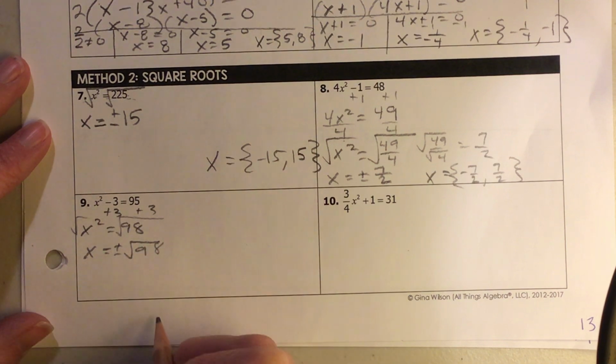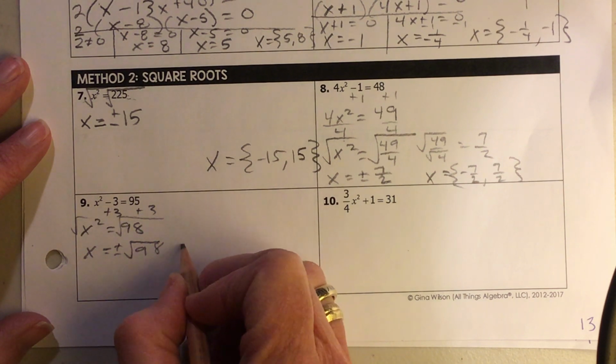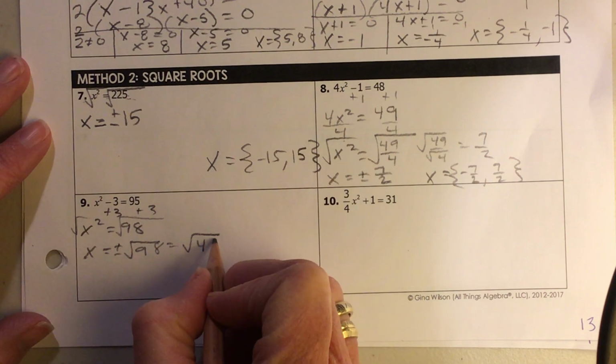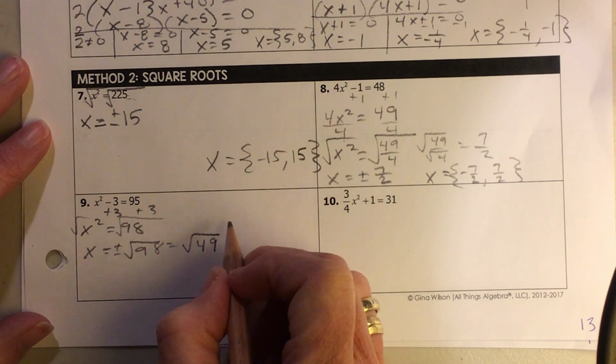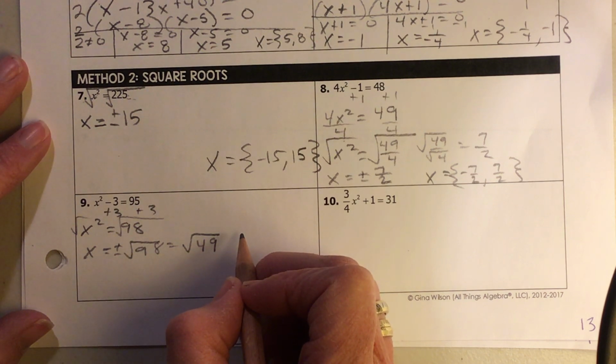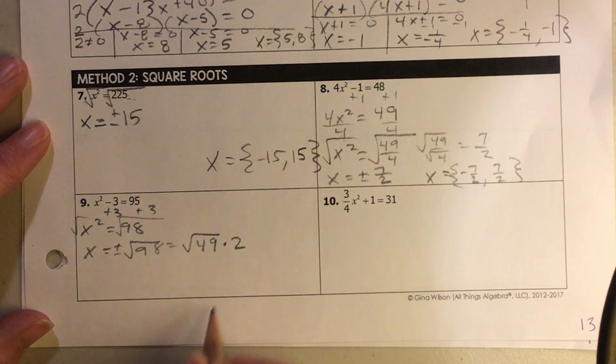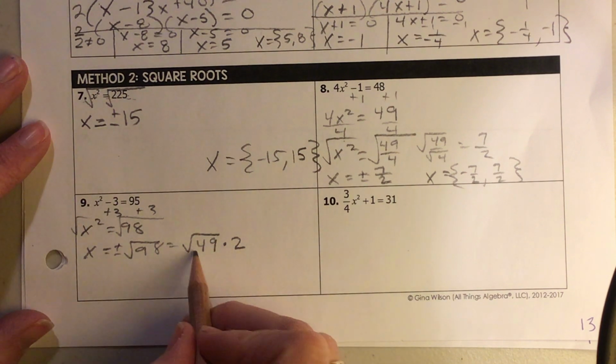Guess what? 98 is not a square number, but I know that it also equals 49 times something. What could it be? 2. Okay, well, that might work because 49 is, oh, that'll work.